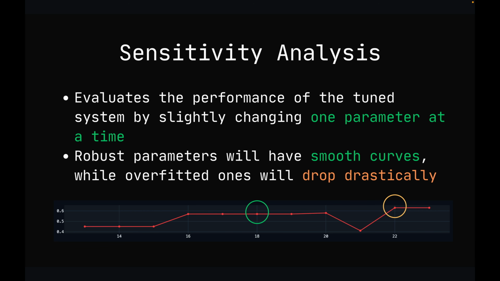So in this example, we can see that the value of 18 has a lower performance than 22, but has a much smoother and flatter region, while 22, going one step to the left, almost halves in performance.